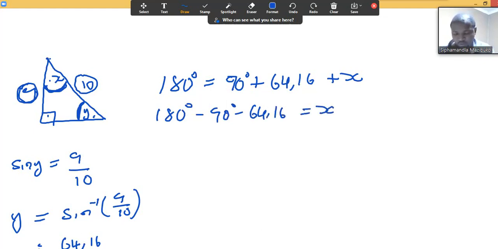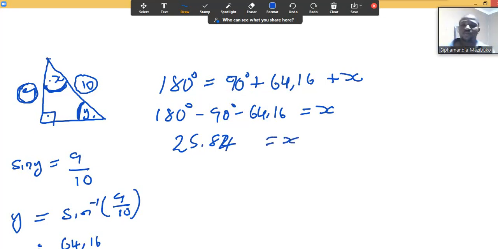We can just put that one on the calculator. So we have 180 minus 90 minus 64.16. We should be getting that our x is equal to 25.84.